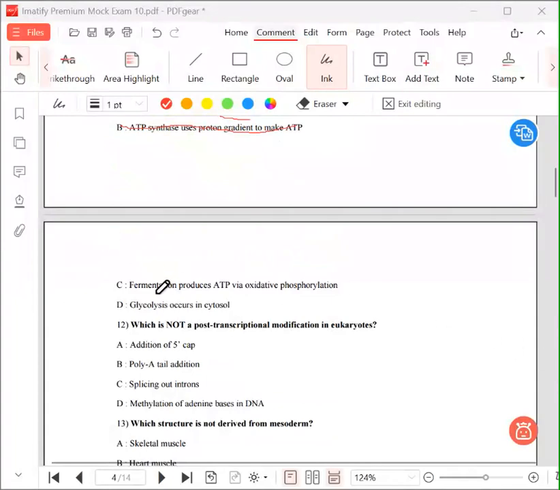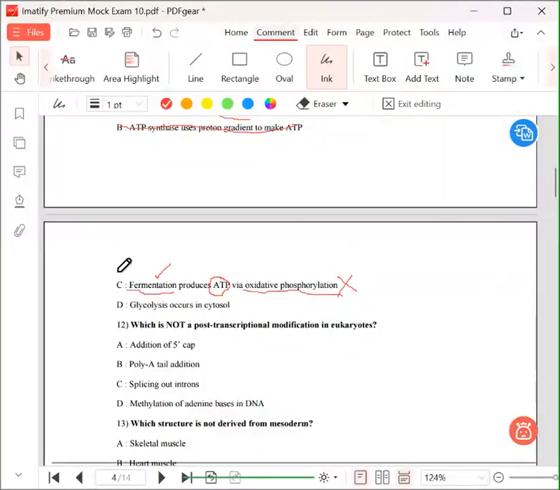Moving on to the next option. Fermentation produces ATP via oxidative phosphorylation. Here the keyword is fermentation. This statement is false in its nature because fermentation uses substrate level phosphorylation, not oxidative phosphorylation, which occurs in aerobic respiration.